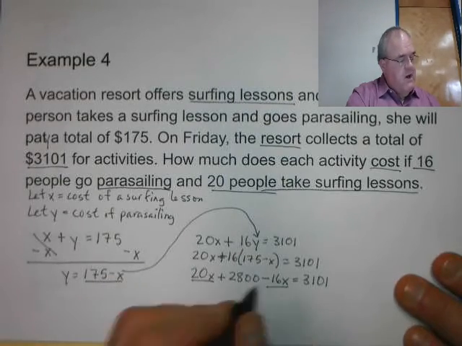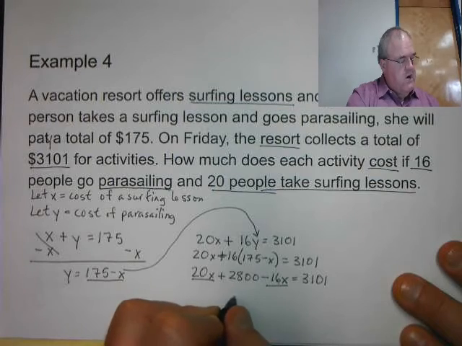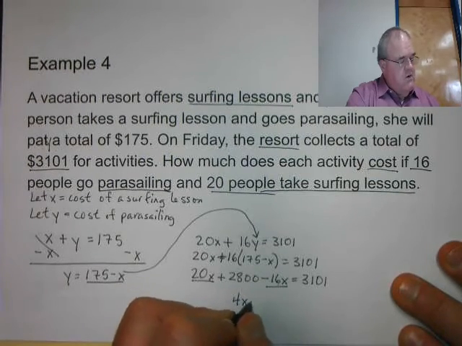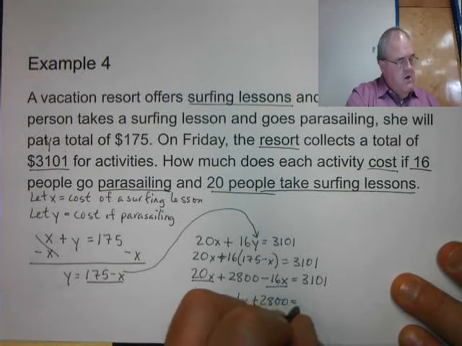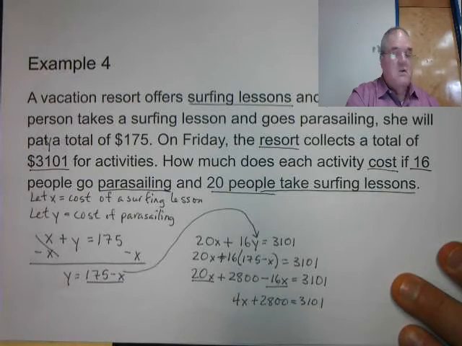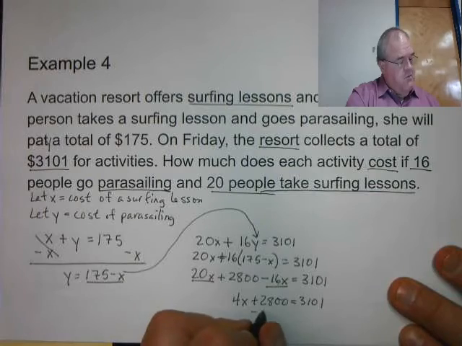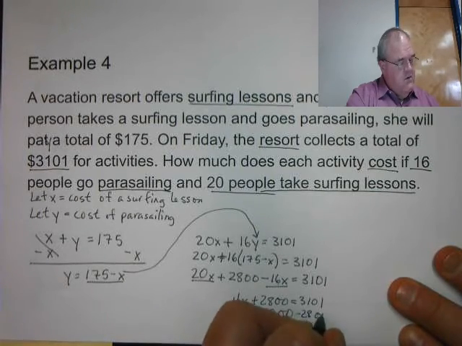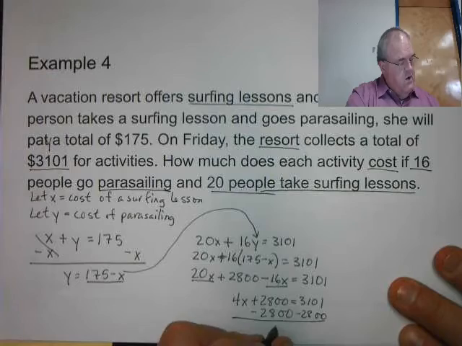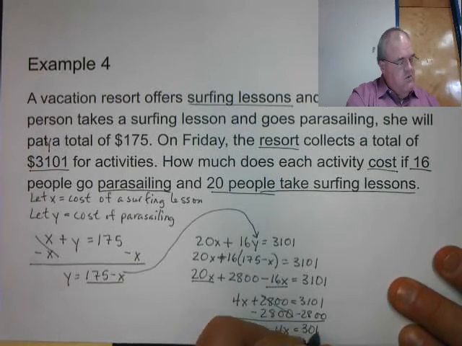Now I'm going to combine like terms. 20 minus 16 is 4, so I get 4x plus 2,800 equals 3,101. I'm going to subtract 2,800 from both sides. So I end up with 4x equals 301.